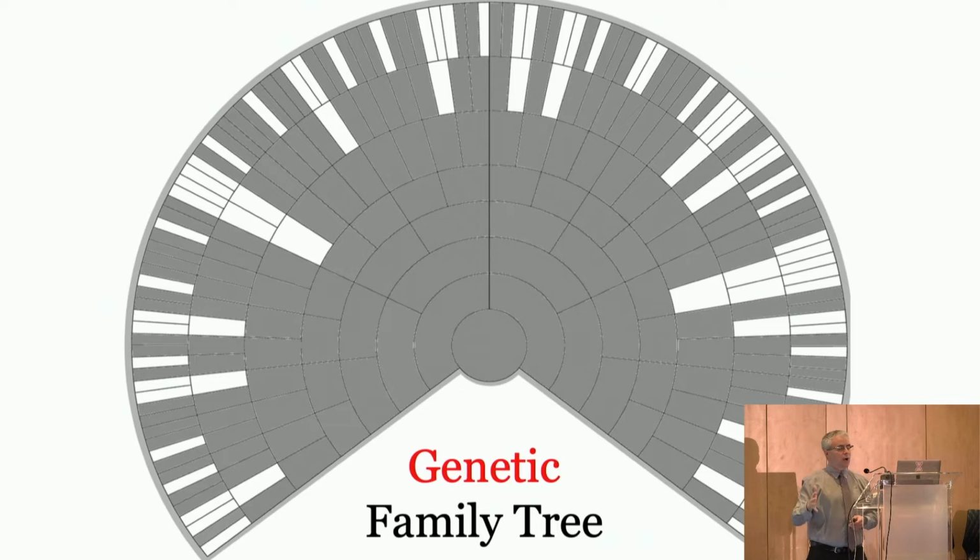Now, this isn't how your genetic tree would look. Everybody's genetic tree is going to be different because we grab those pieces randomly. But if this were my tree and I'd reconstructed it, you can see the individuals in gray here are the people I did get DNA from, which means the ancestors in white are ones that I'm missing, ones I'm not getting DNA from at that generation.